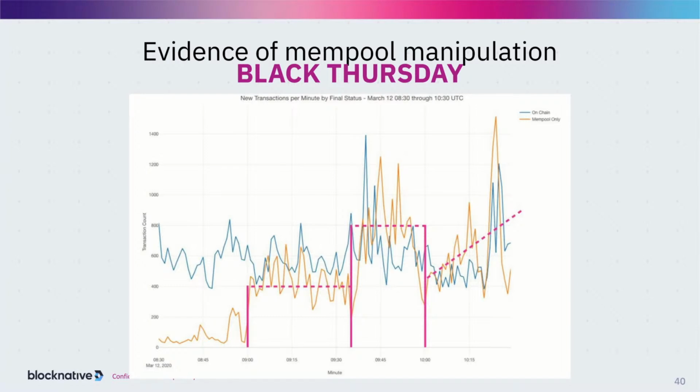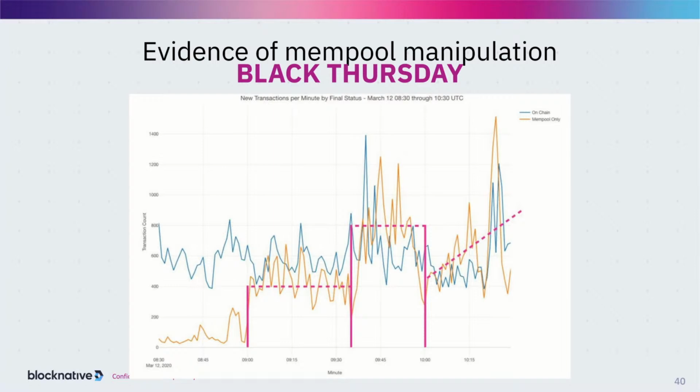So here, looking at the mempool data, we can see that these bots successfully increased congestion and distorted the gas price distribution in the mempool, right? This had a net effect of increasing stuck transactions and skewing oracle prices, like I said. So if we look at these pink overlays in the diagram, we can see that our mempool data detected a rapid increase in pending transactions that would never be mined, right?